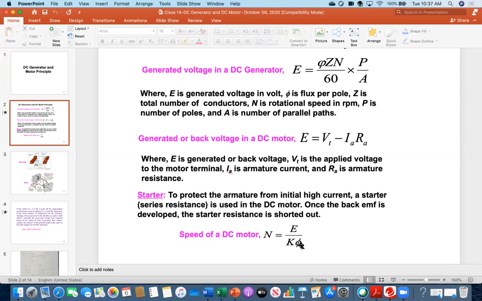Keeping the field circuit open means no current is flowing and then there is no flux. So you will explain that if the field circuit is open, no current flows and there is no magnetization, in other words the flux is zero, then the speed will be very, very high or infinity. And that's why it is suggested never to open the field circuit, never ever.